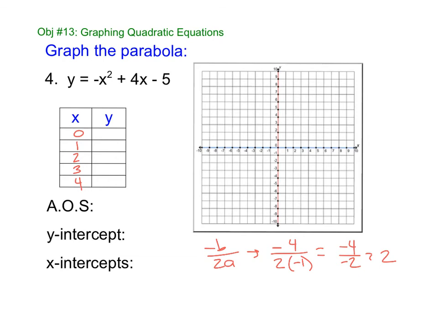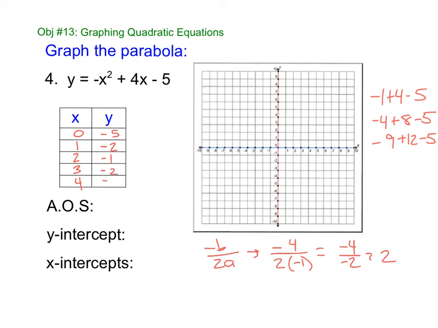If I plug in 0, I get -5. If I plug in 1, I get -1 plus 4 minus 5, which is -2. If I plug in 2, I get -4 plus 8 minus 5, that's -1. If I plug in 3, I get -9 plus 12 minus 5, which is -2.